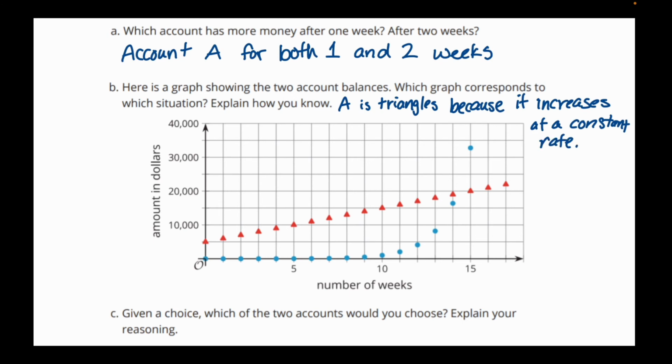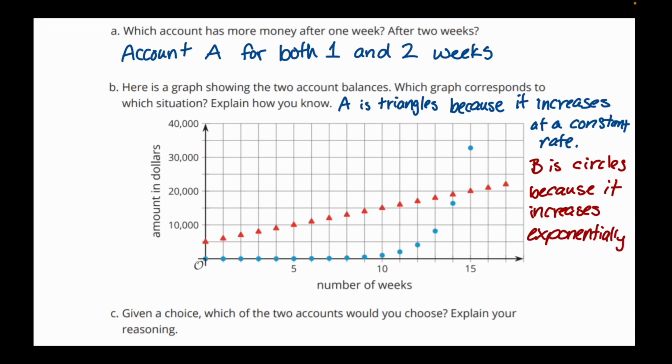And then I'm going to say B is circles because it increases exponentially. Okay.